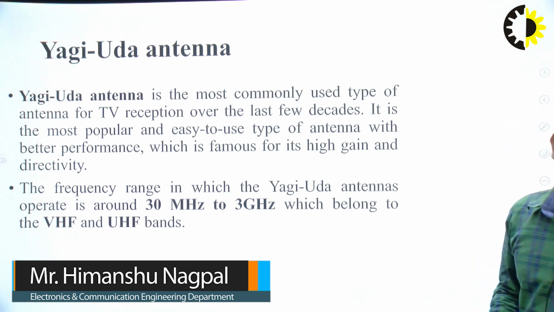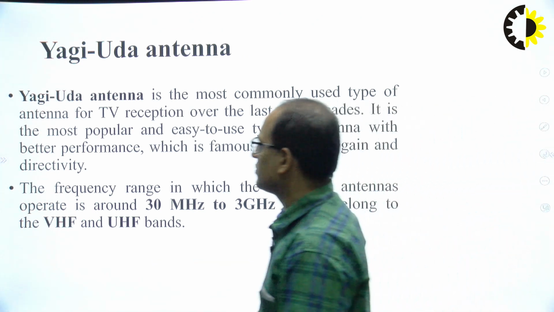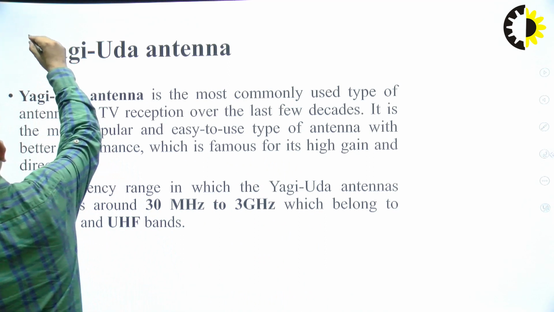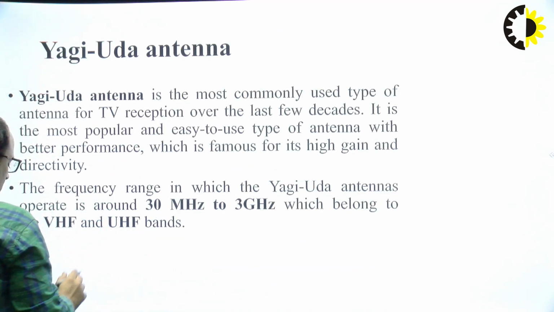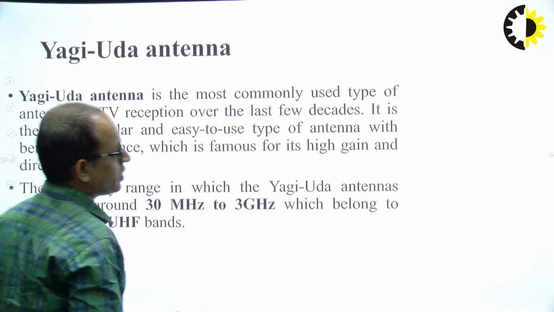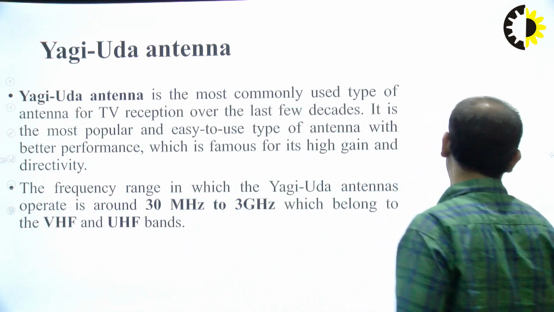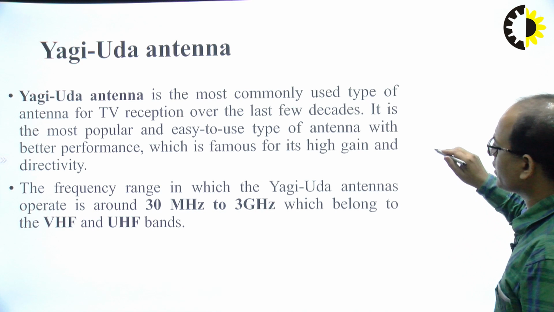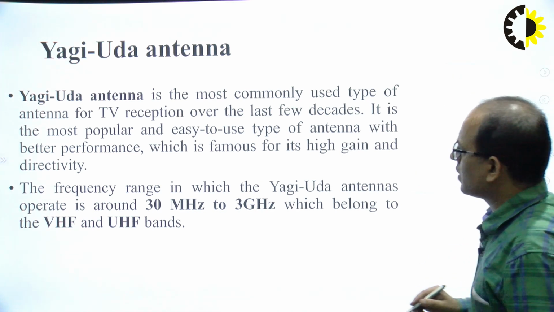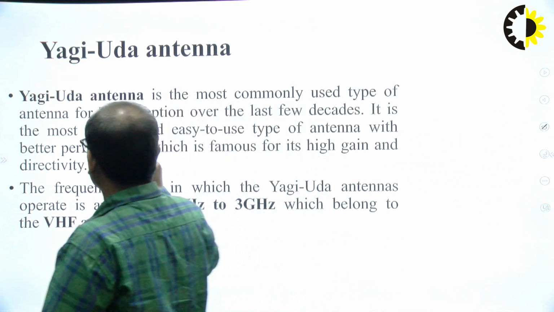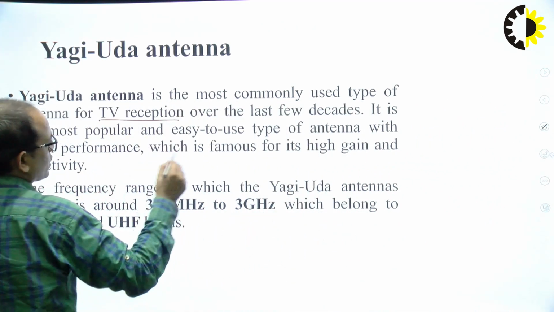Now this Yagi-Uda antenna's name is based upon the names of the scientists. These two scientists developed this type of antenna, and it was mainly used for TV reception over the last few decades.